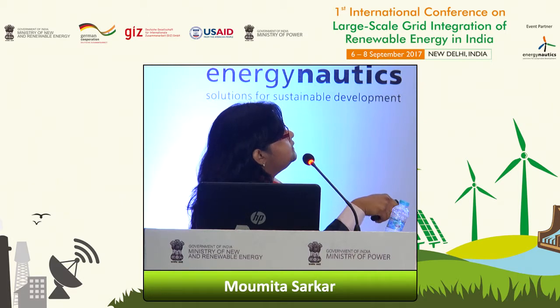We can see that without LVRT, the reactive power support from the wind power plant is not that good. So the voltage dip during fault is more than when there is LVRT support from the power plant.